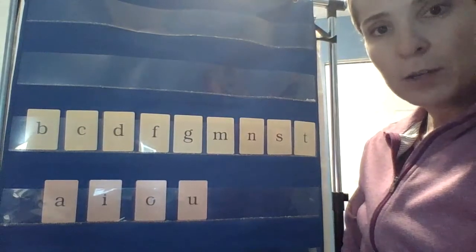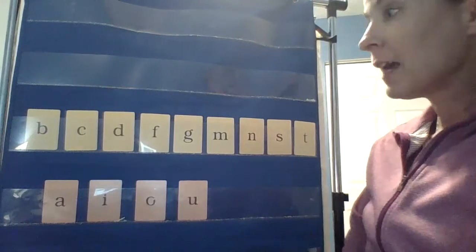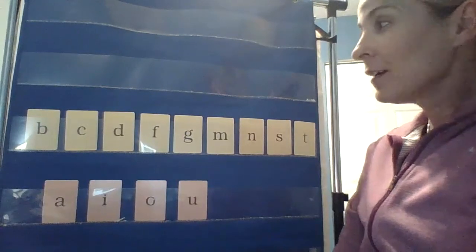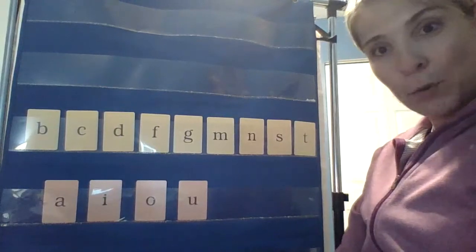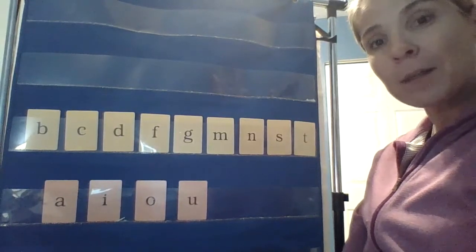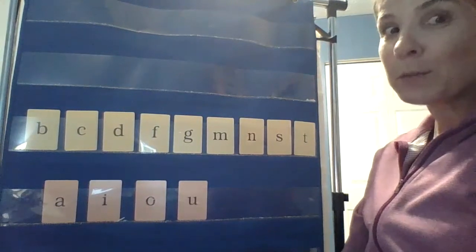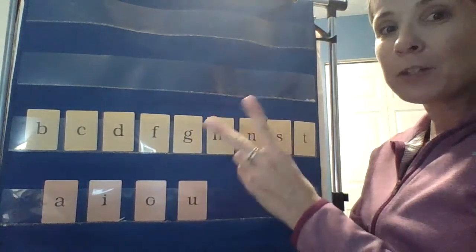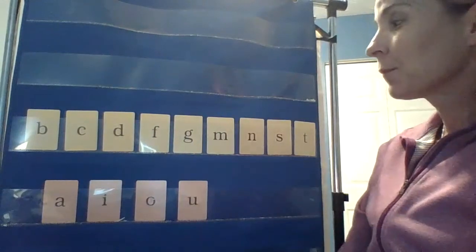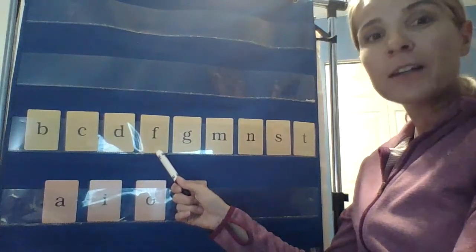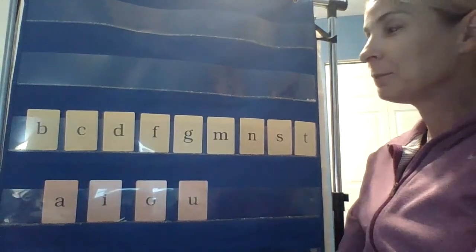Now I have all of the letters up here on my pocket chart that we've been over. Then we just saw all the pictures. Now I removed the pictures and I just put the letter cards up here. Okay, so let's point. I'll point to one and then you can tell me the letter and the sound. Well, the picture too, I'm sorry. Letter, picture, sound. F, fun, F, right?